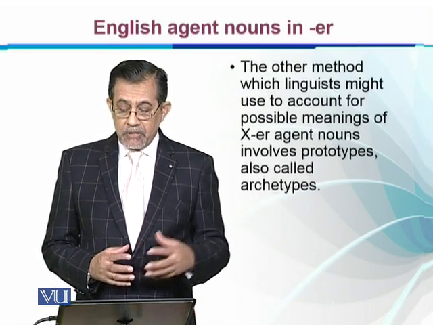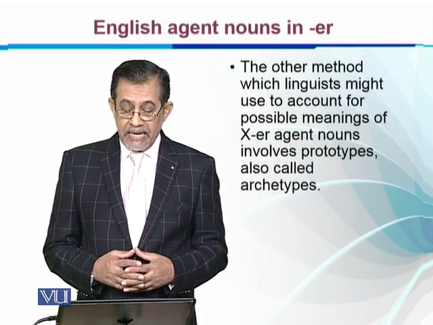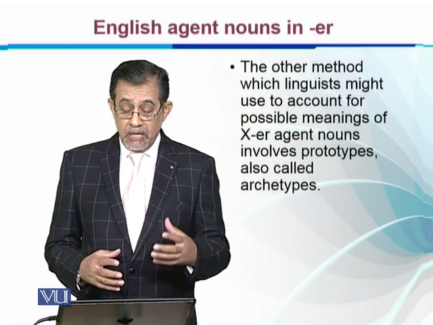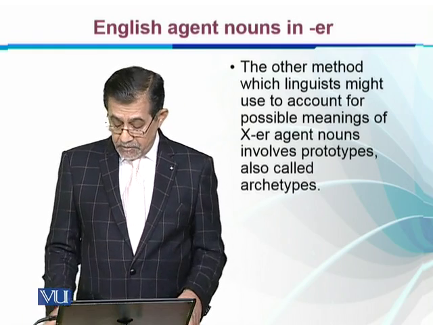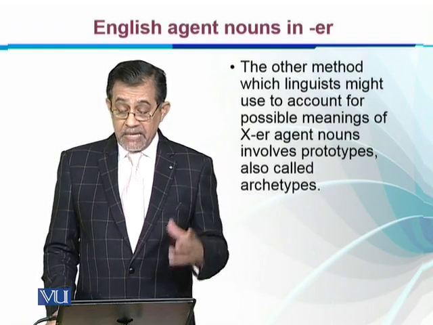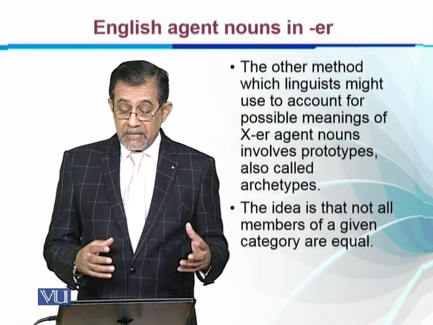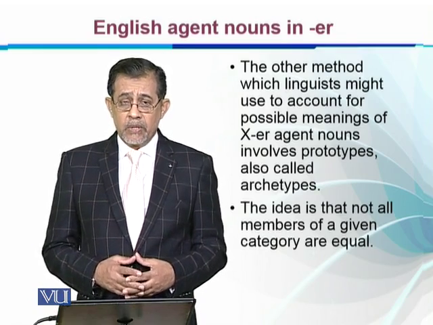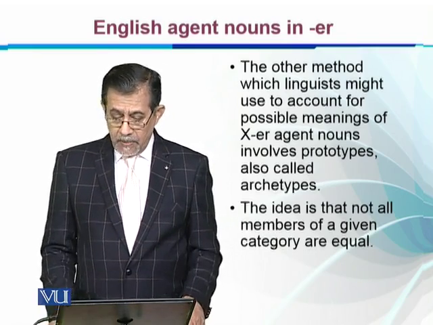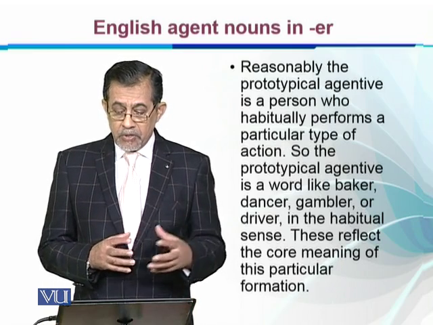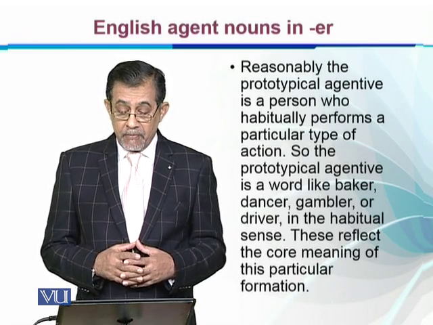The other method which linguists might use to account for the possible meanings of ER agent nouns involves prototypes, also called archetypes, the ideal form or representative of something. The idea is that not all members of a given category are equal, that all the words formed by ER are not equal. Reasonably, the prototype agentive is a person who habitually performs a particular type of action.